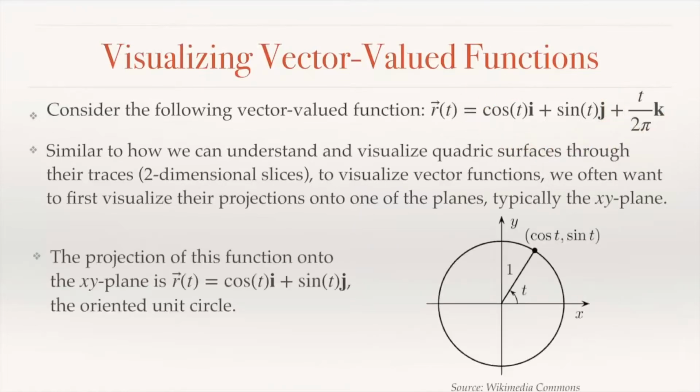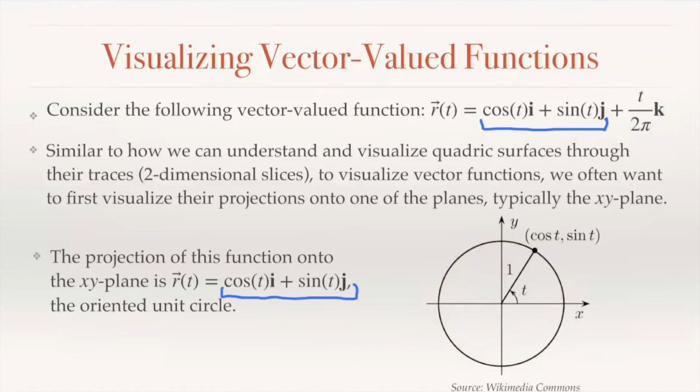So the xy part here is this, and that's the vector function we already encountered. It's going to be a circle on the xy plane with a counterclockwise orientation. Okay, so now the z component will do some movement above the circle.